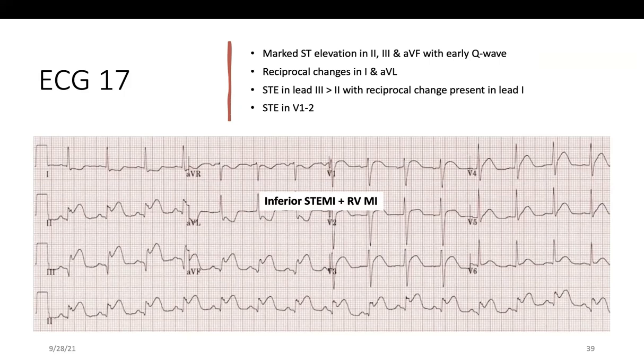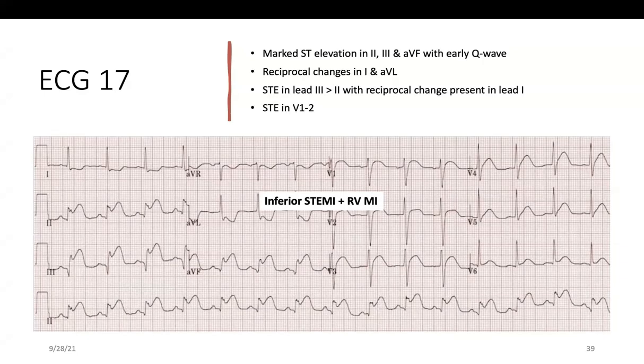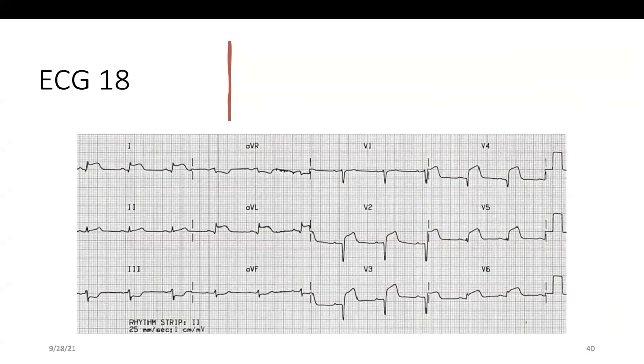So any ECG changes you may find in patients with RVMI. The typical is ST elevation, but sometimes you don't see it. You see the ST depression. That's why we do the right chest leads. So this is an example where you see ST elevation in V1 and V2, and it's an RVMI with inferior wall MI.